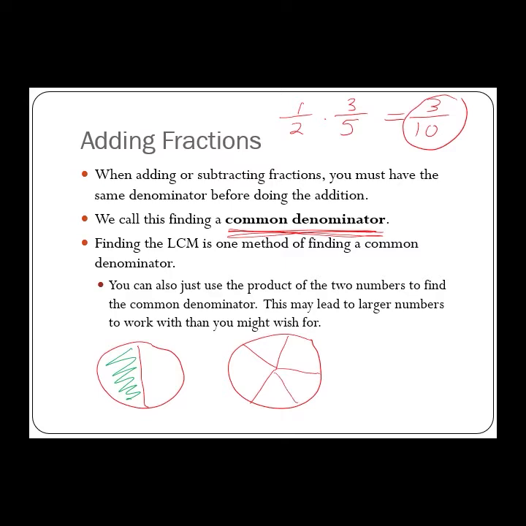And we have 3/5. So if we were instead adding 1/2 plus 3/5, these are like adding two totally different kinds of things, different shaped things. And so when we say we have to have a common denominator, what that does is it gives us pieces that are the same shape.